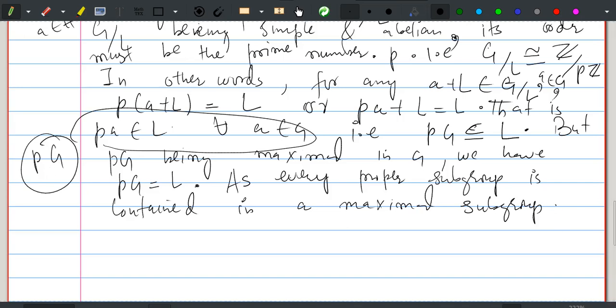That means every proper subgroup of G is contained in PG.